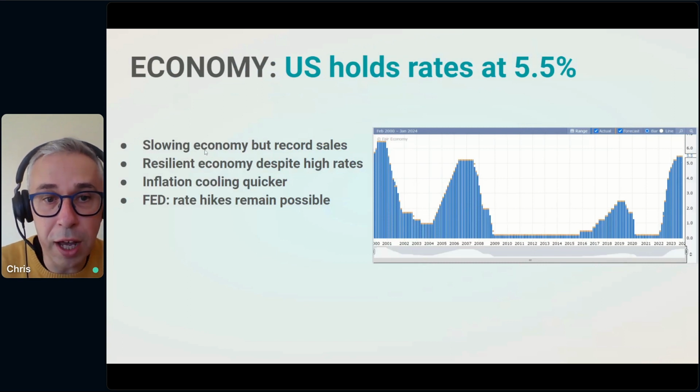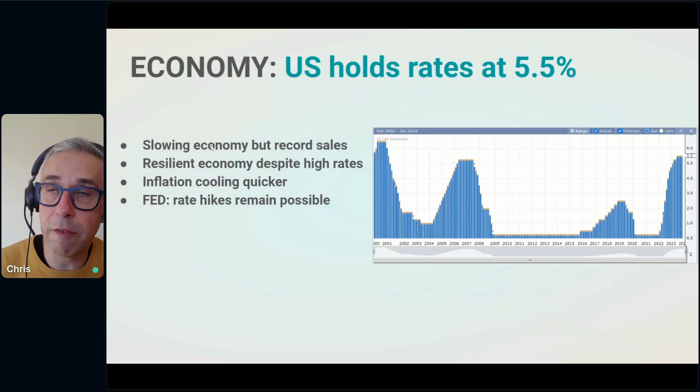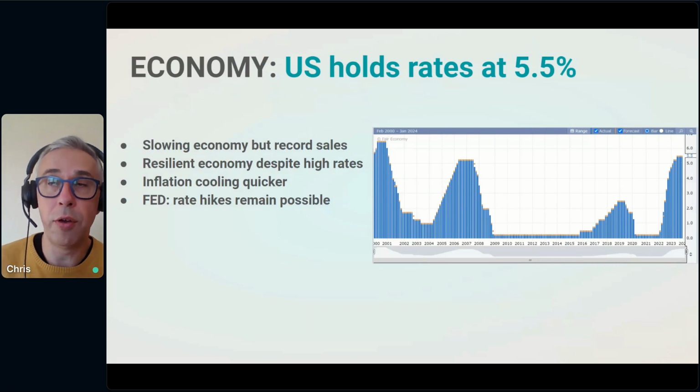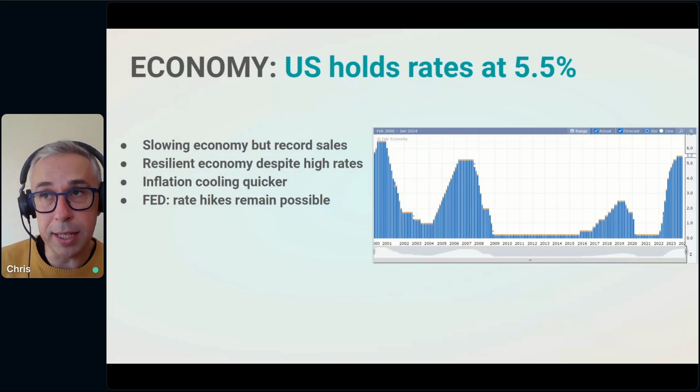So that said, there has been a slowing of economy. Some record sales have been seen with certain events, with Black Friday, for instance, but the economy itself is generally slowing. On the flip side, it is also a resilient economy despite those higher rates. So how you can interpret those words, they seem maybe a little bit contradictory to each other, is that yes, the economy is slowing down.